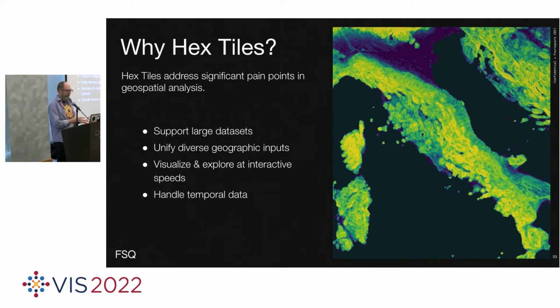Why would you want to use this? Well, it's addressing some of these pain points that are quite difficult often in geospatial analysis. The first is to support large data sets, and we've all had the discussion about what big data is. Whatever a large data set is, it's something that you can't easily deal with otherwise.